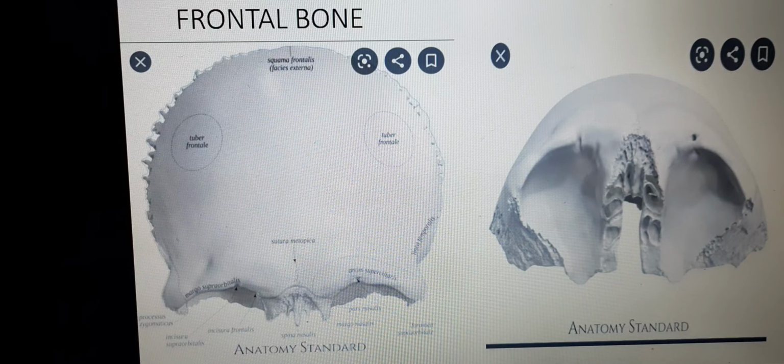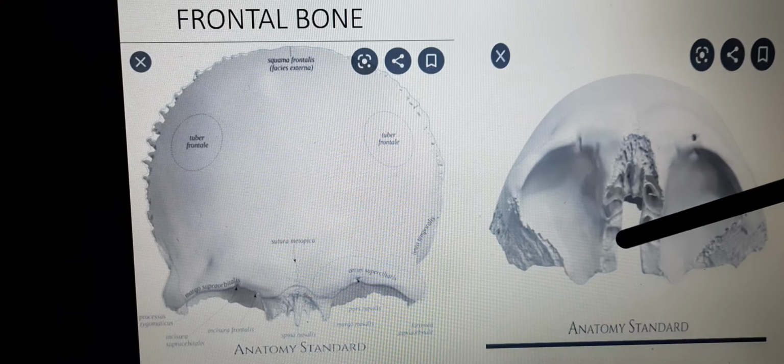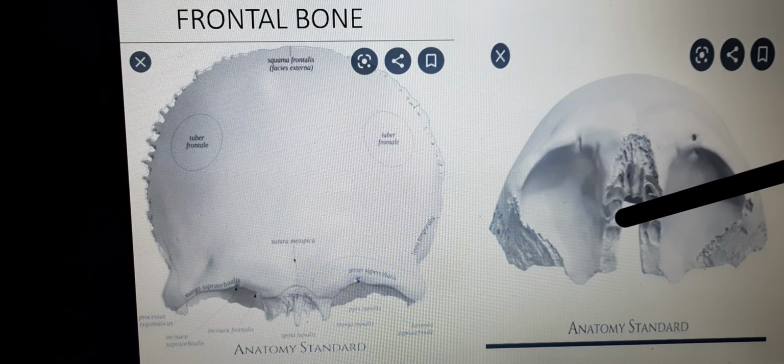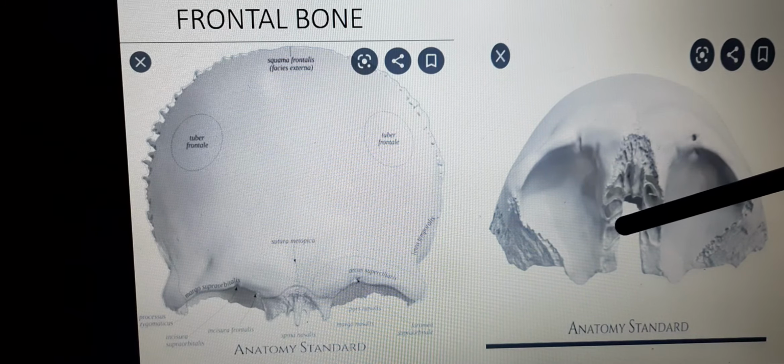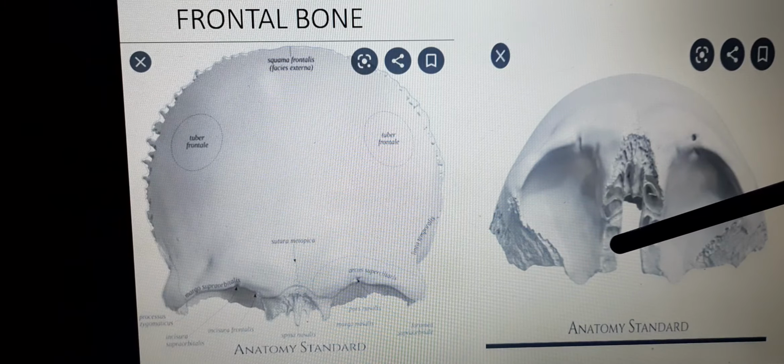When the cribriform plate of ethmoid bone articulates in this ethmoidal notch, then it becomes the foramina. The anterior one is known as anterior ethmoidal foramen, and the posterior one is known as posterior ethmoidal foramen.